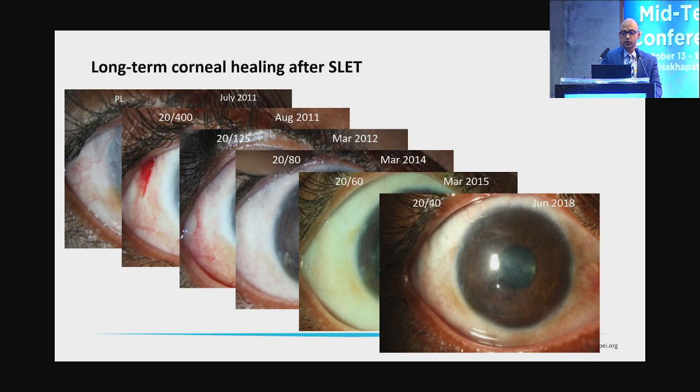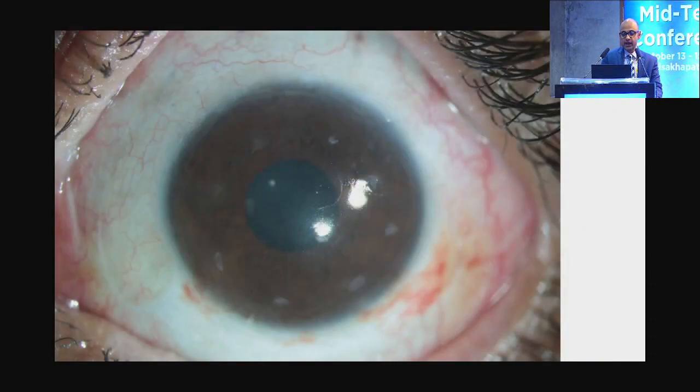So not only is there some amount of epithelial regeneration in these cases, but there is recovery of stromal clarity as well. And this is the same case that I showed you before, and this is the post-operative outcome after SLET, where you can see that all the vascularization and the scarring from the corneal surface is gone, and you have restoration of a clear surface, and obviously these patients recover very good vision.